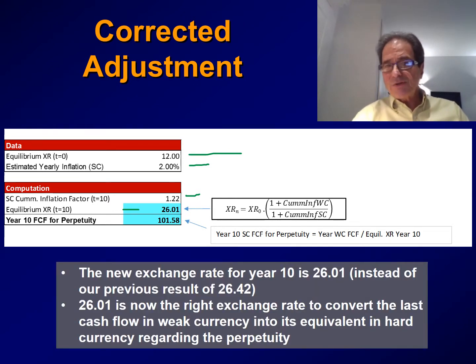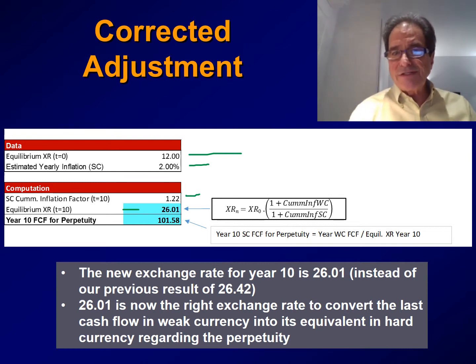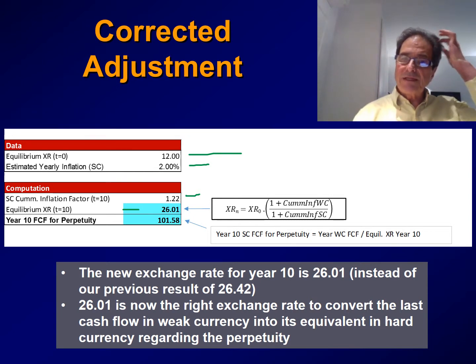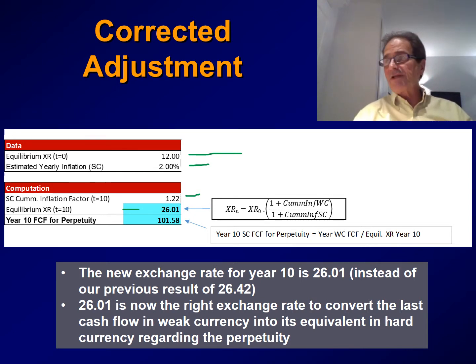Summarizing, the new exchange rate for year 10 is 26.01 instead of our previous result of 26.42. 26.01 is now the right exchange rate to convert the last cash flow in weak currency into its equivalent in hard currency regarding the perpetuity. And this is everything we wanted to say today.